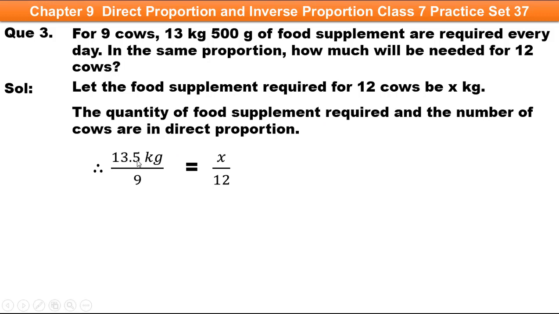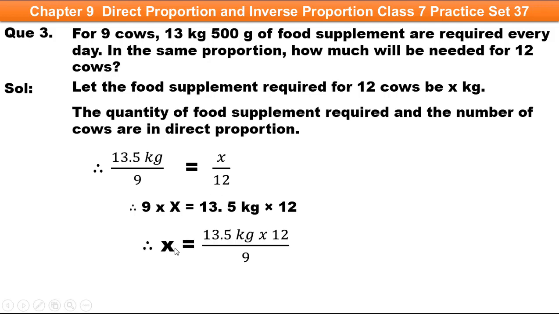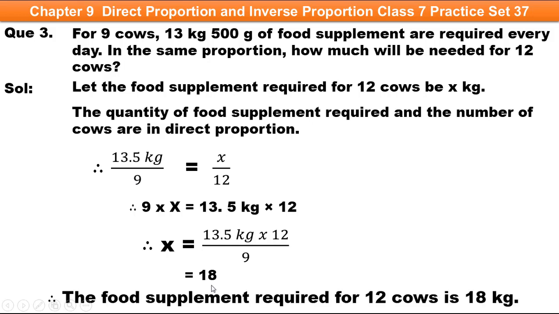Therefore, 13.5 kg divided by 9 is equal to x divided by 12. 9x is equal to 13.5 kg into 12. Therefore, x is equal to 13.5 into 12 divided by 9. Therefore, x is equal to 18. The food supplement required for 12 cows is 18 kilogram.